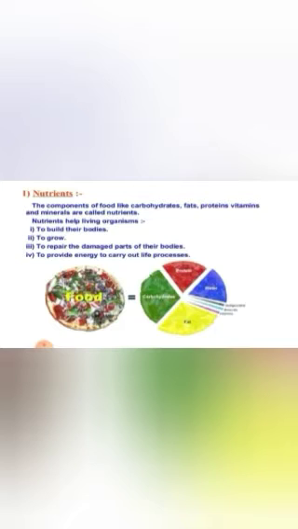Food contains some important substances which provide energy. These substances are carbohydrates, proteins, fats, vitamins and minerals. These are called nutrients. So nutrients are nothing but the substances which provide nourishment necessary for growth and maintenance of living organisms. And we also call them components of food.